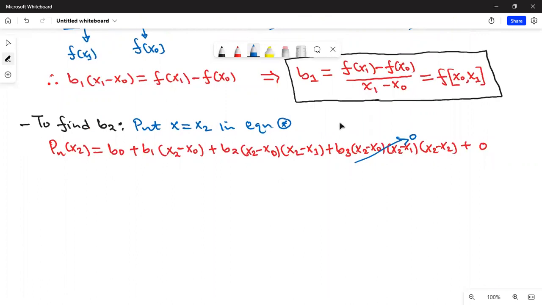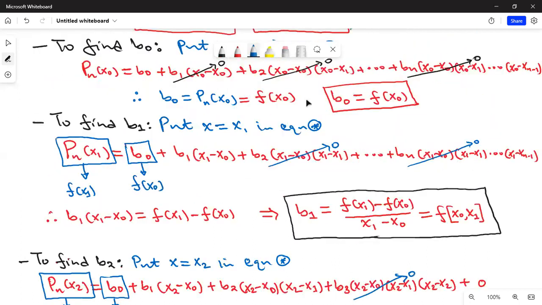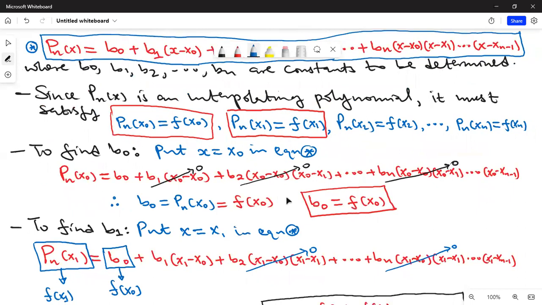So we can now make b2 the subject. Remember, we know the value of b naught to be f of x naught. We also know the value of Pn of x2. This value is f of x2. I've already explained it up here. Let me take you back. It is this one here.